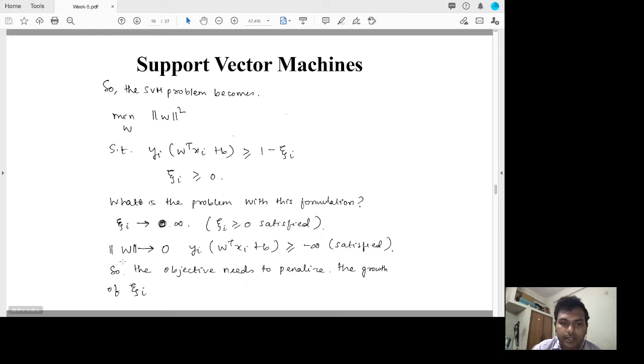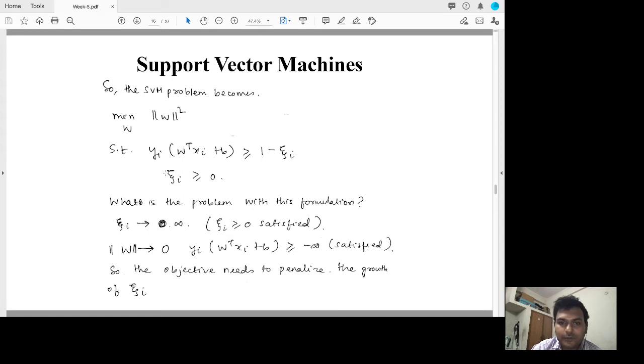Then W transpose xi also becomes 0 because W has gone to 0. You have some constant b, and it is greater than minus infinity.